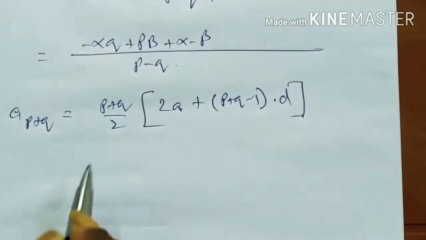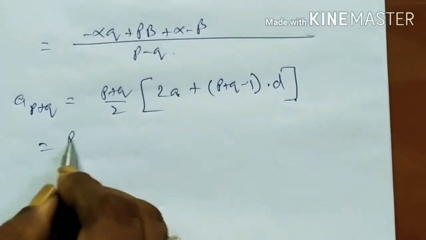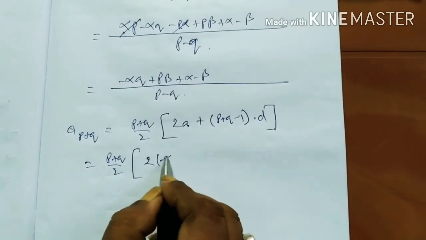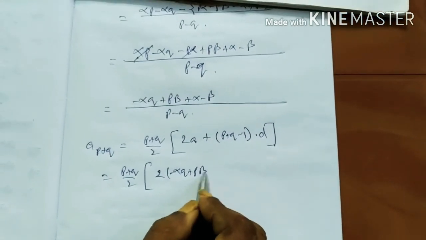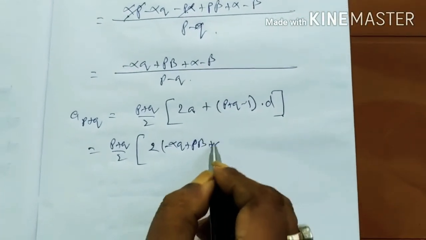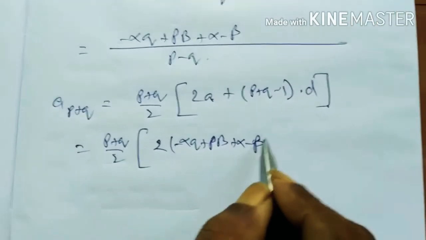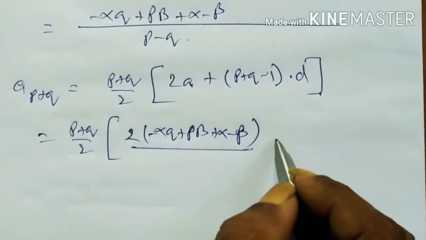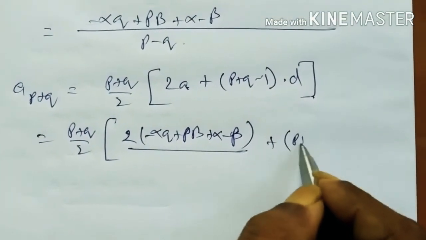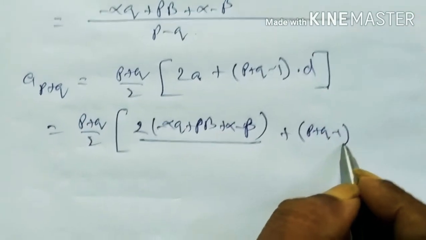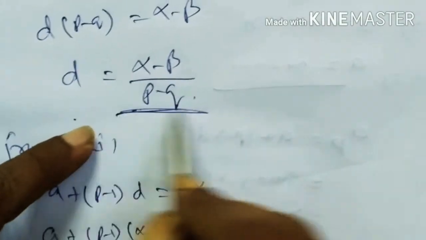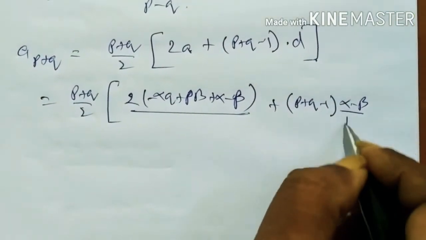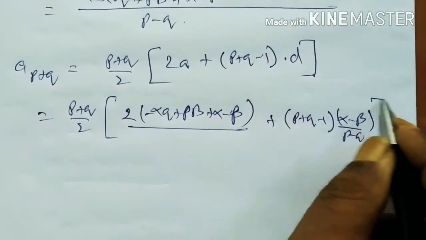Putting the value of A here, (p plus q) by 2, the 2A value is minus alpha q plus p beta plus alpha minus beta, closed by p minus q, plus (p plus q minus 1) times the value of D, which is alpha minus beta over p minus q. This is the value of D.